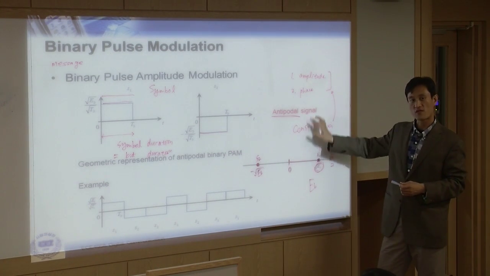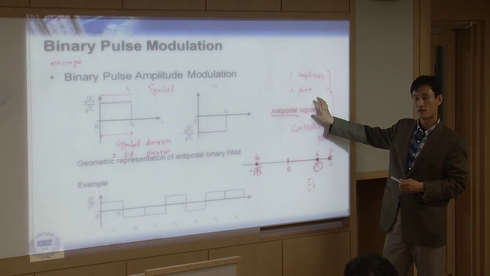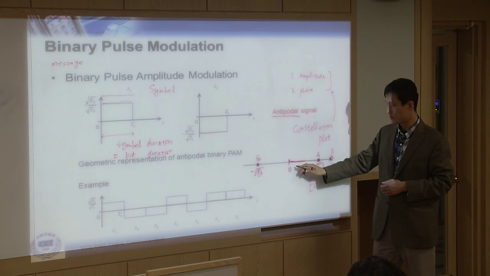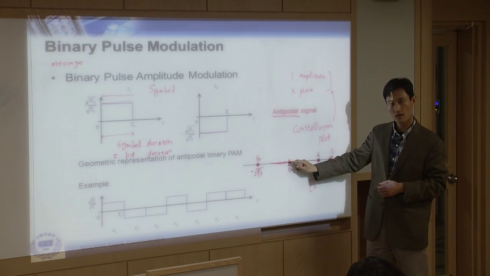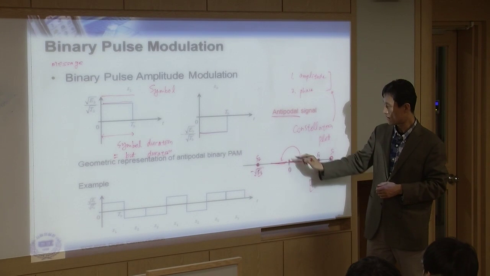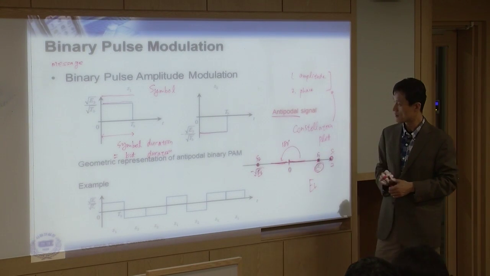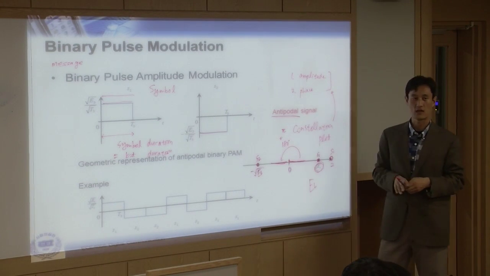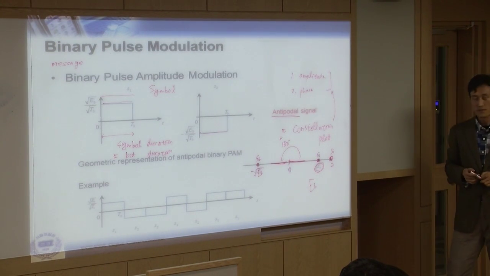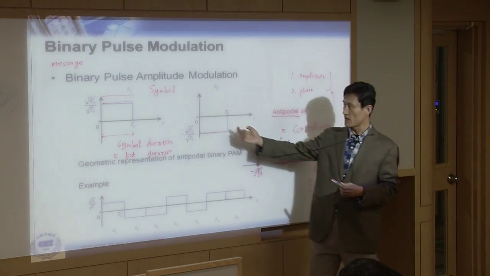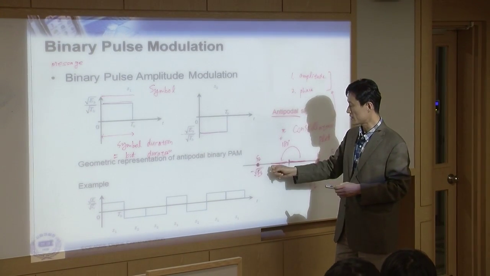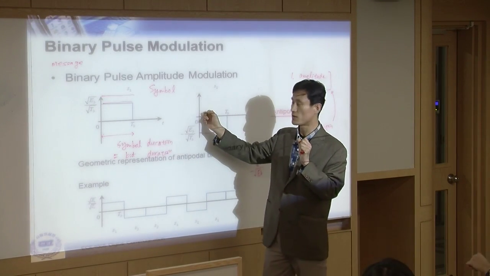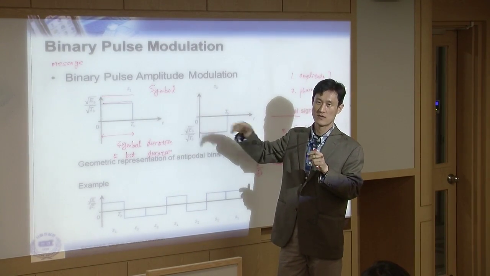And this one also has phase information. Generally, here is phase 0. What is the phase here? 180 degrees, or we put it as pi in radians. So if this is phase 0, this one has a 180 degree phase rotation.